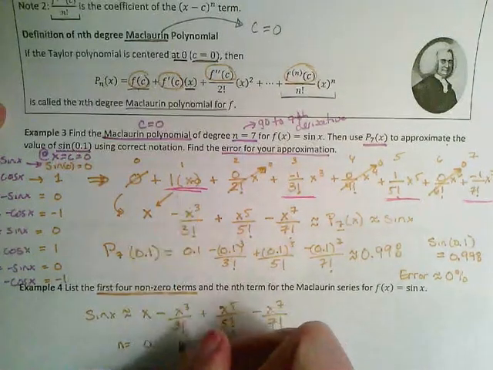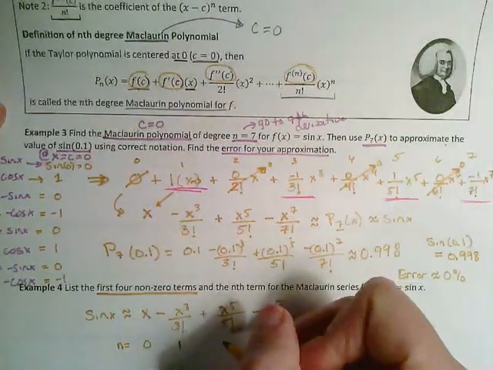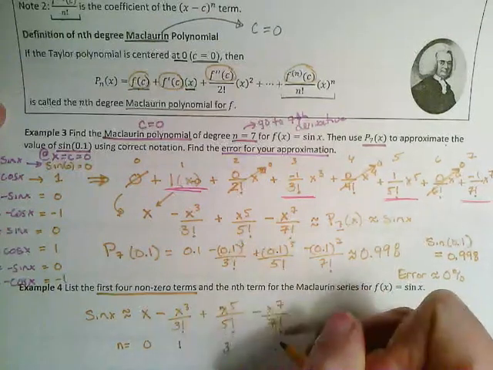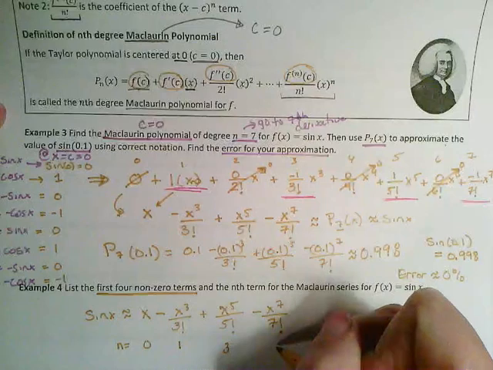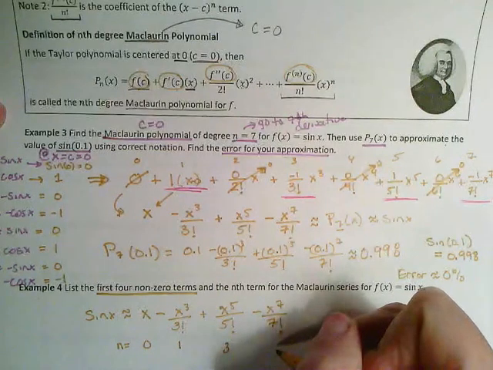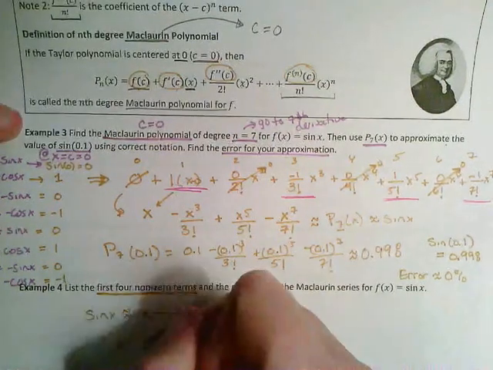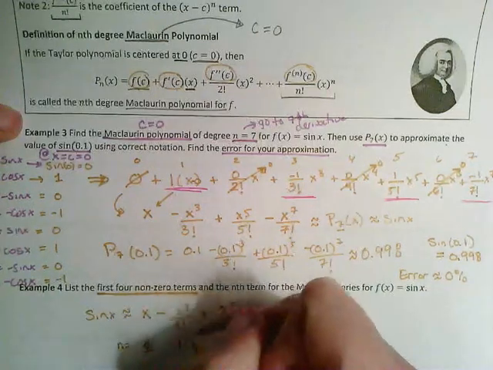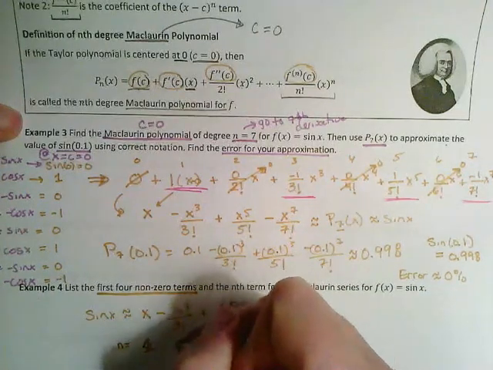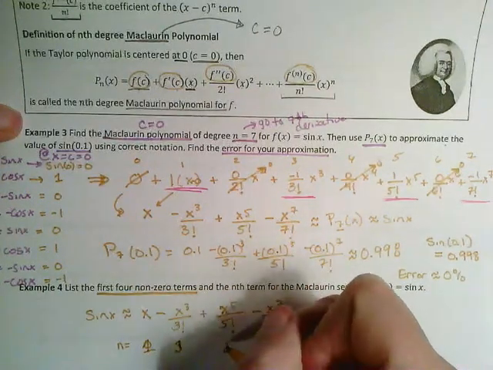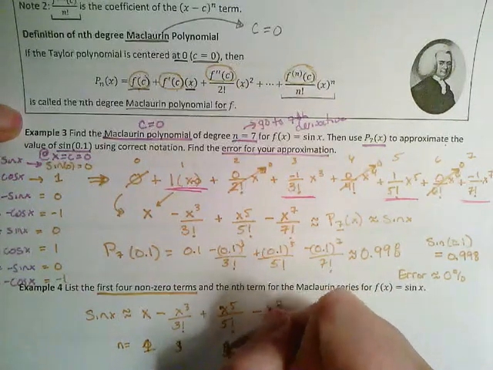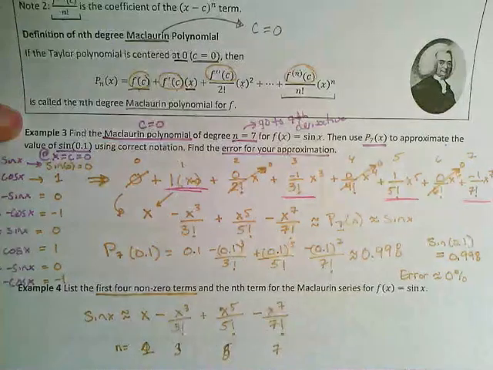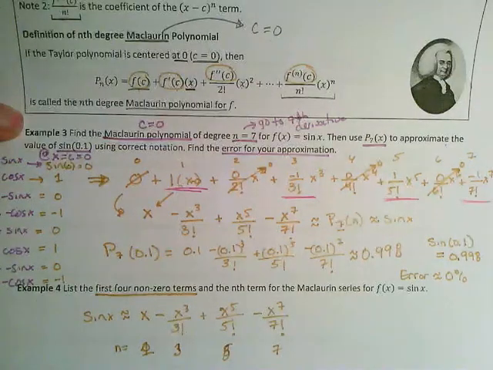Yep, n was 1. This one came from n equals 3, and this one came from n equals 5. Sorry. And this one came from 7.